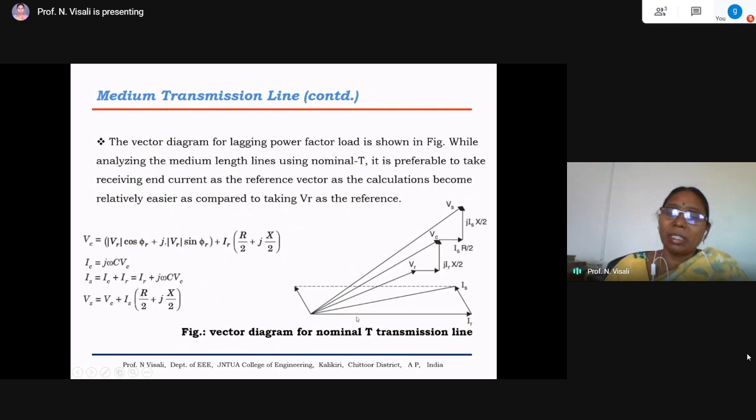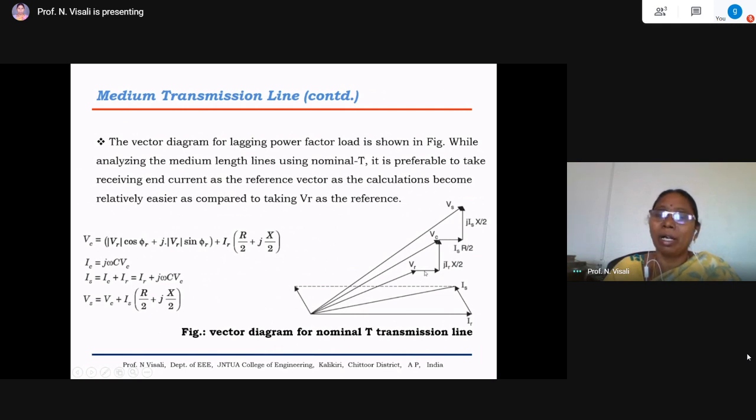IR always lags the voltage VR, so VR leads. Here the phase angle between IR and VR is phi R. Then the receiving end resistance drop will be in phase with IR.